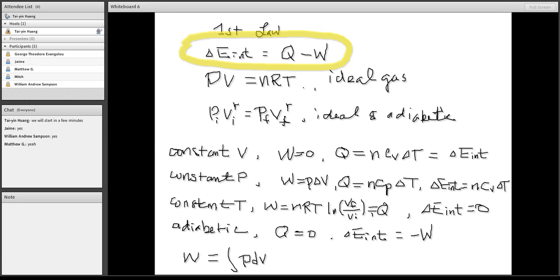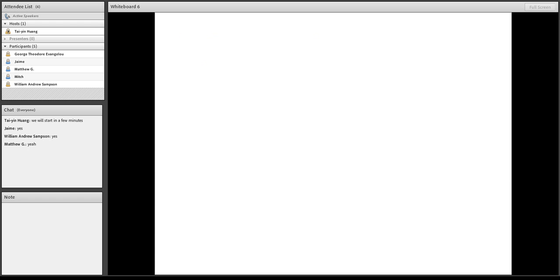And as I mentioned, the change in internal energy is always equal to nCv delta T, regardless of what kind of process is involved, because internal energy only depends on temperature.